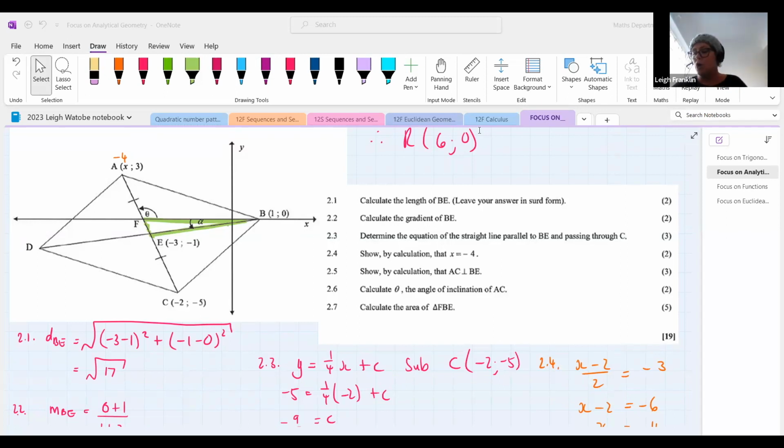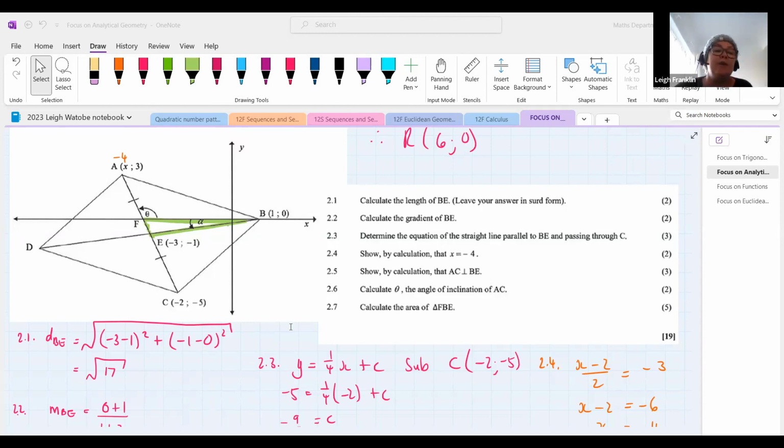Okay. So both methods will work in this particular question. And I only wish that we just had a bit more time because, well, maybe I can try and show you both. Let's go with half base times height first of all, because that's probably the one that is the most familiar to us. All right.